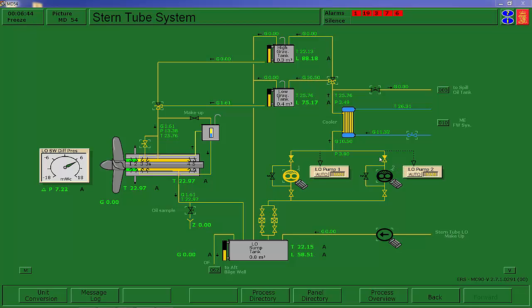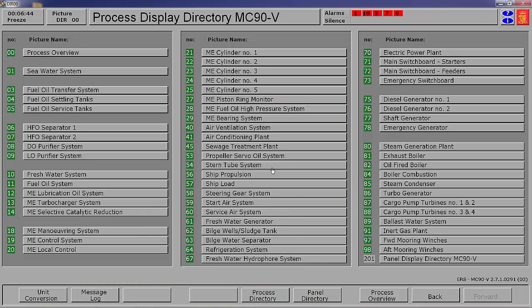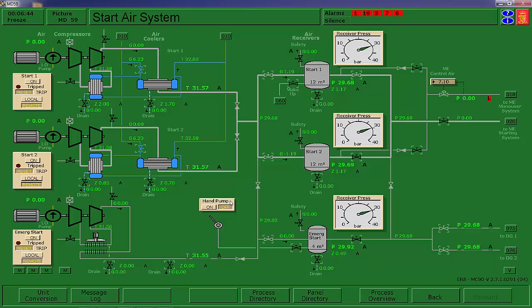Now, part of this, and I want to remind people it's a good idea to do this first thing, is that Burmeister and Wain in their instructions specifically talk about always making sure that there's air on the exhaust valve cages prior to putting your lube oil system on.